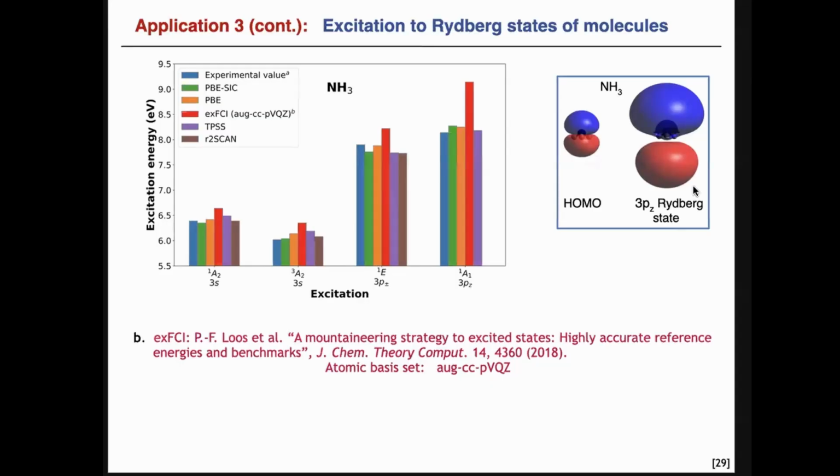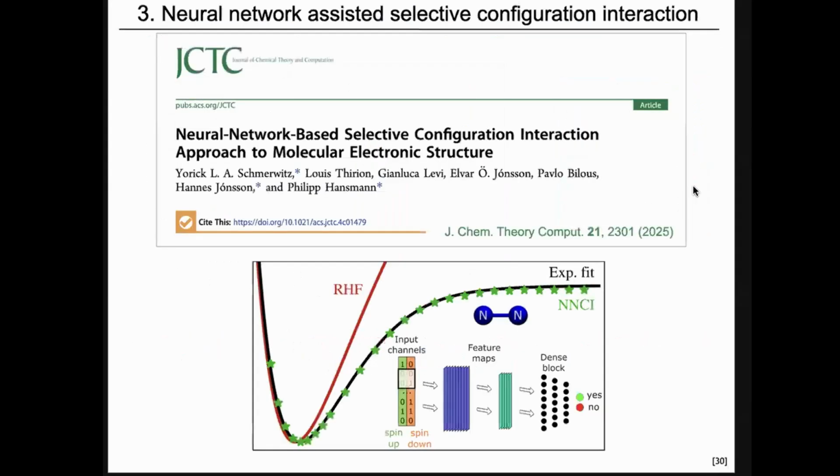But how do we prove that? So we started to do calculations, and this came out of other issues too, of configuration interaction with neural networks to speed things up. This just got published earlier this year in a collaboration with Philip Hansmann in Erlangen.